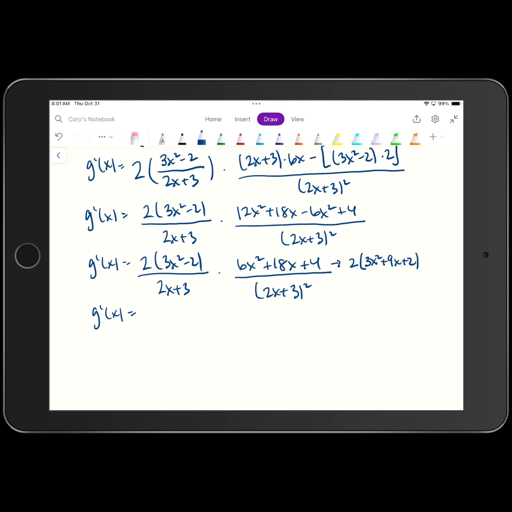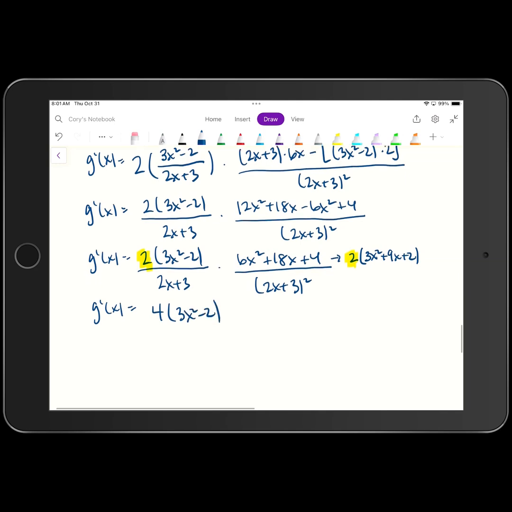Okay, so when I multiply across in the numerator, I'm going to take this 2 times this 2, and that's going to give me 4 times 3x squared minus 2 times 3x squared plus 9x plus 2 all over 2x plus 3 times 2x plus 3 squared gives me 2x plus 3 cubed.